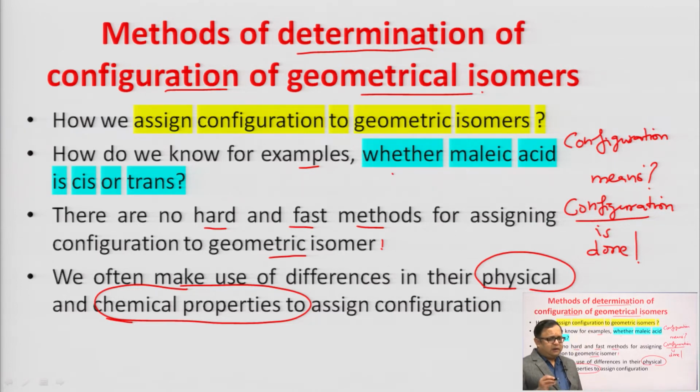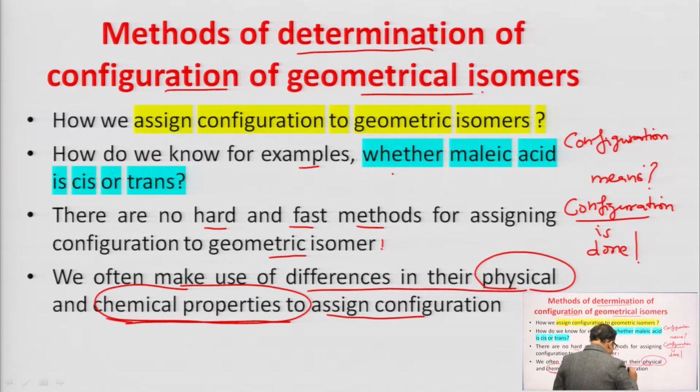This is the key point that you have to keep in mind: we are using differences in the physical and chemical properties of the molecules to confirm that this compound bears that configuration, whether it is cis, trans, syn, anti, E or Z. Once we have assigned the configuration, we have to confirm it, and we confirm it on the basis of physical and chemical properties.